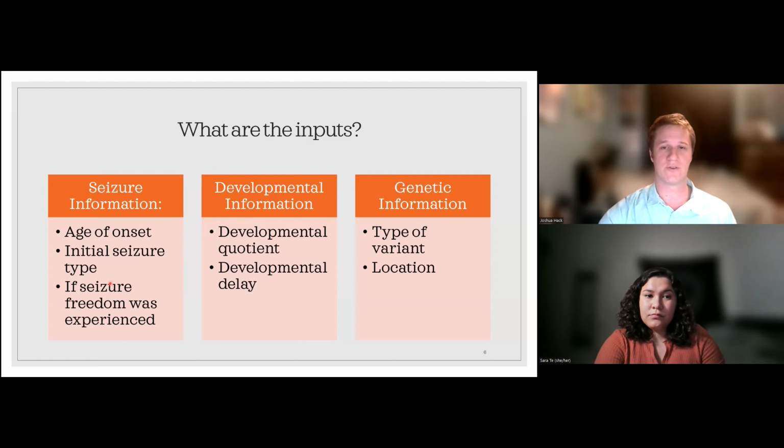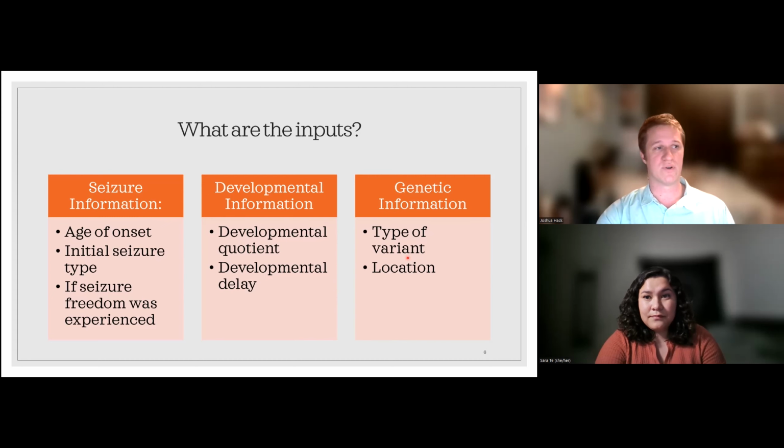So that's the developmental quotient, which is typically on a scale of 0 to 100. And that's just marking off what age they were able to acquire developmental milestones. And then if they have a developmental delay or not. And genetic information. So the type of variant that they have, where that variant is throughout the SCN8A gene, and hopefully get a better idea of how variants will correlate with disease outcomes.